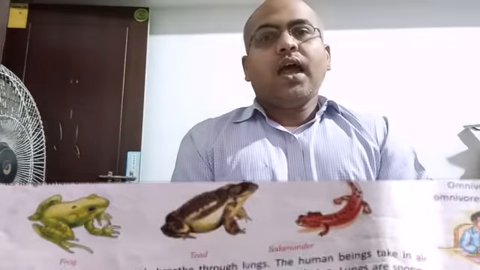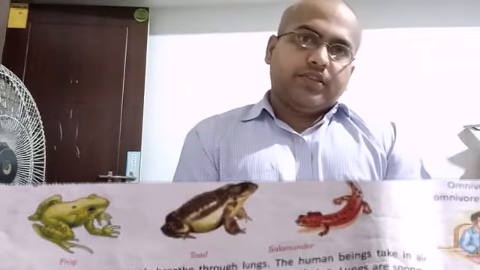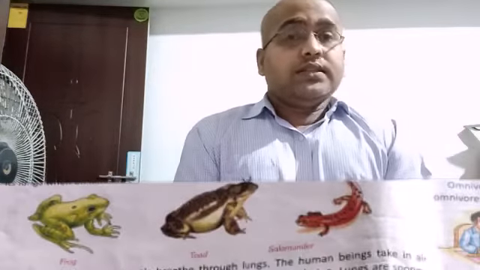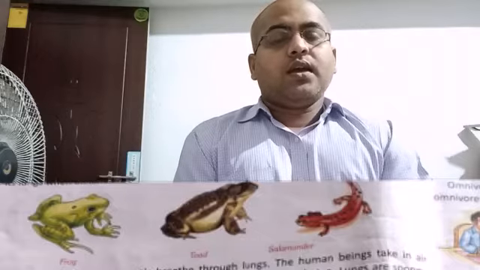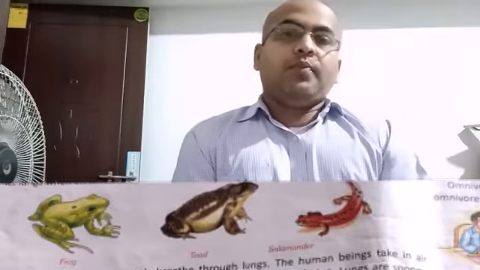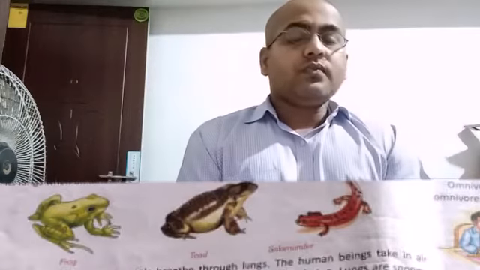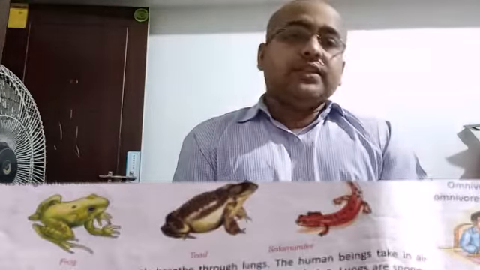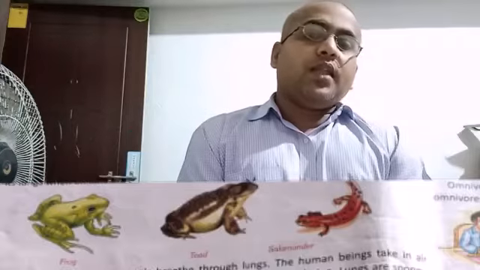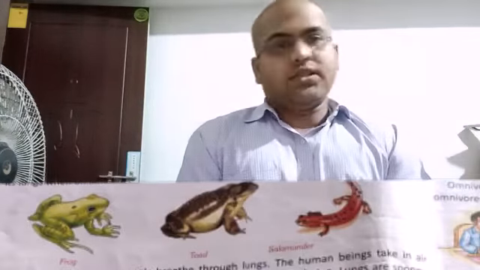Then come the amphibians. These amphibians have a special type of breathing organs. Sometimes they have gills, sometimes they have lungs, and sometimes they breathe with the help of their body surface.